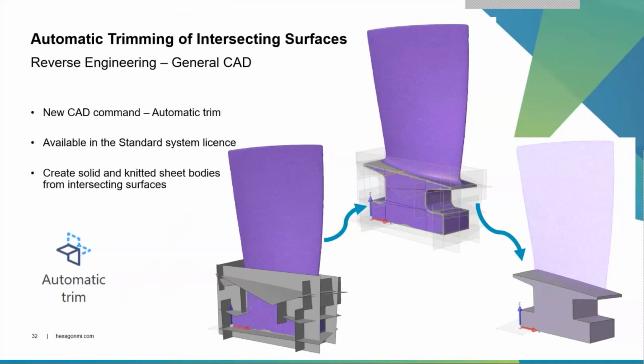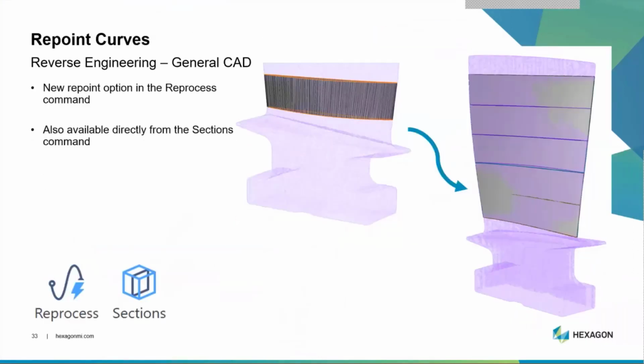That's a really nice enhancement. We have the repoint curves option. This is available in 2 areas. So it's in the wireframe command reprocess. So that's available on the Essential license. And it's also available from the sections command as an option.